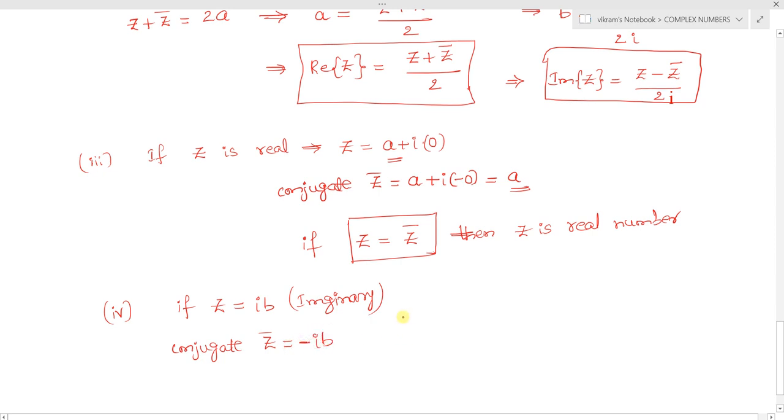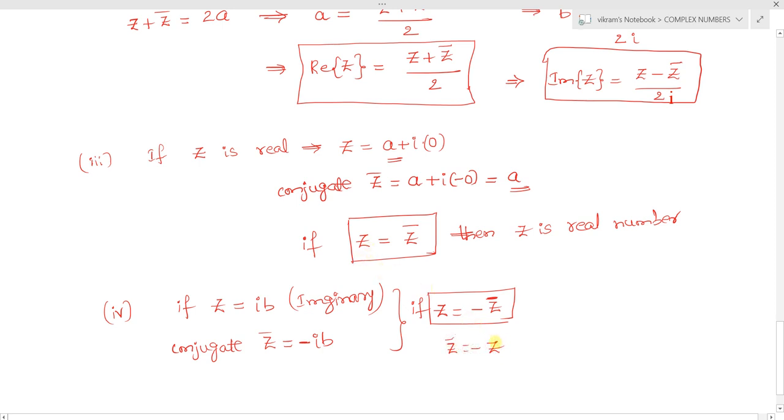So if a complex number is imaginary, we obtain the condition z conjugate equals minus z.